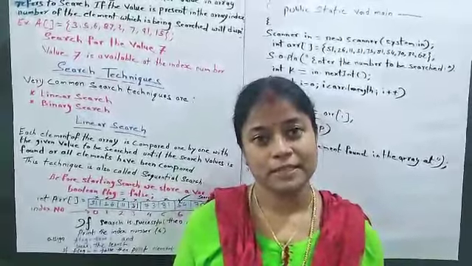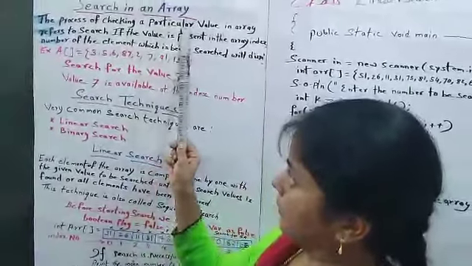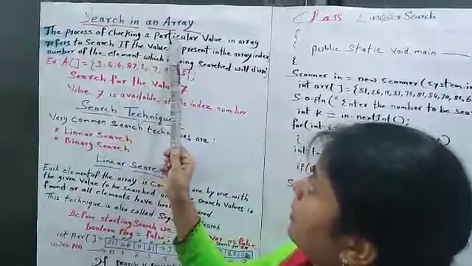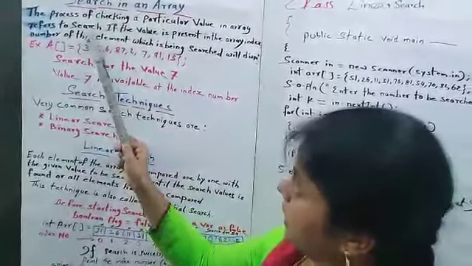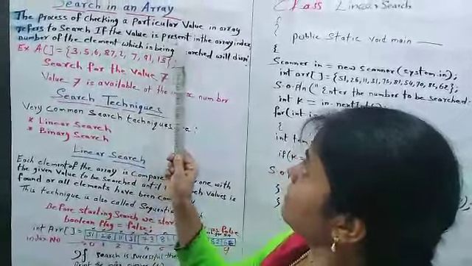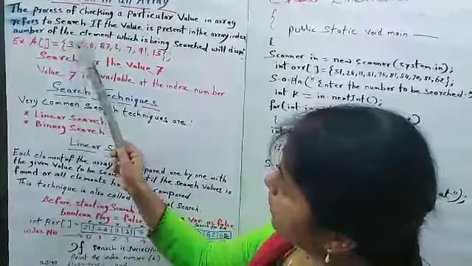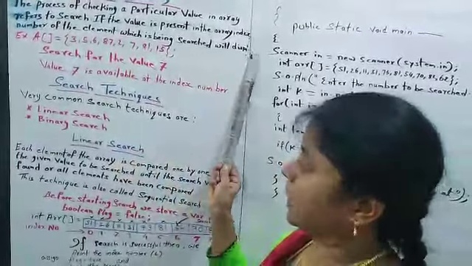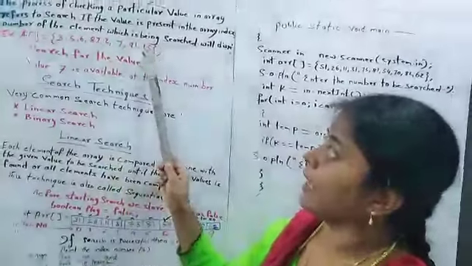What is searching? Searching in an array means the process of checking for a particular value in the array. If the value is present in the array, the index number of the element being searched will be displayed. For example, how many elements have I taken here? 8 elements.